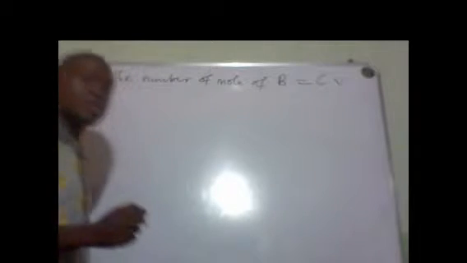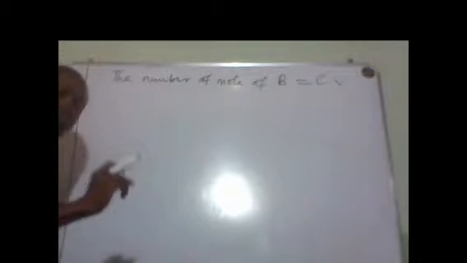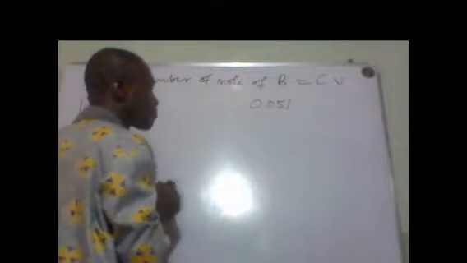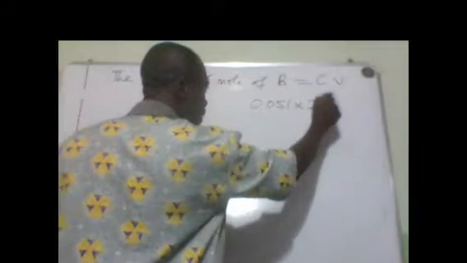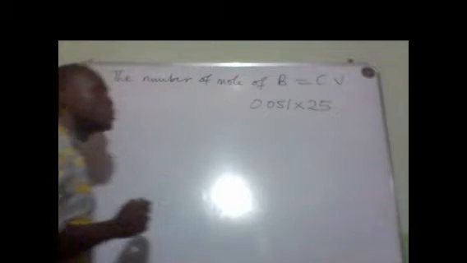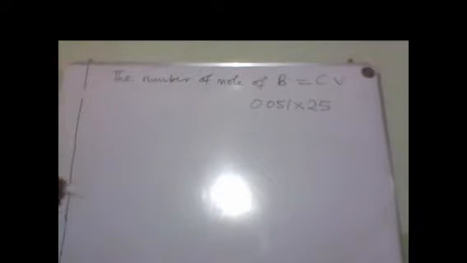That is, number of mole of B equals concentration times volume. From the question, we were given the concentration of B to be 0.051, and then we were told the volume of the pipette to be 25 cm cube.